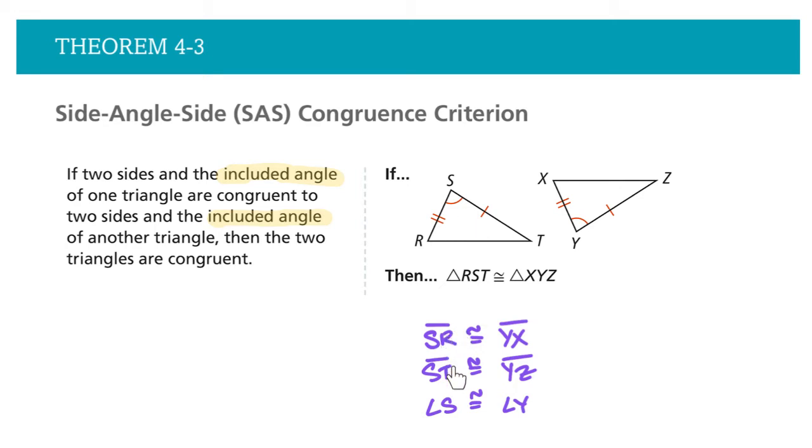So segment SR and segment ST, these two segments here, the ones with the markings, when they meet, they form angle S. So angle S is considered the included angle. If I look at angle Y here, it's formed by segment YX and segment YZ. It's the included angle between these.